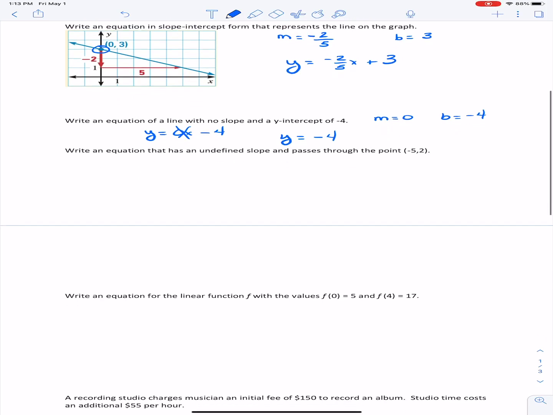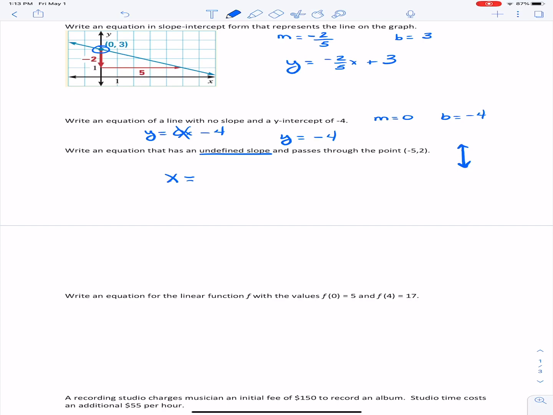It says to write an equation that has an undefined slope and passes through the point (-5, 2). Well, if you'll recall from one of our other videos, an undefined slope line is a vertical line. And we know that these graphs will always begin x equals.